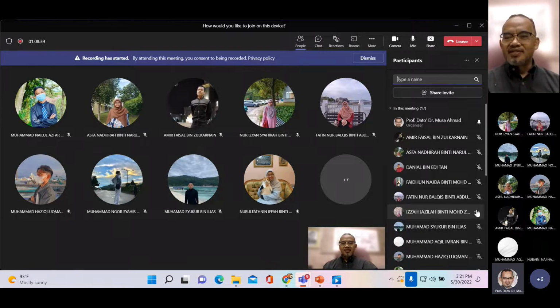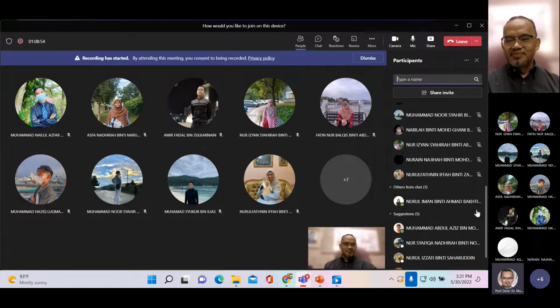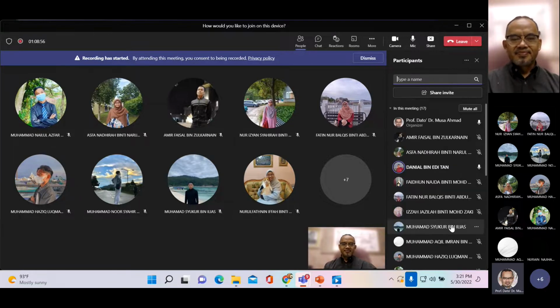Awak tak clear kat sini. Okey Daniel, kenapa dua? Kenapa tidak tiga? Kenapa tidak empat? Jawapan betul lah tu. Betul lah. Kenapa tidak tiga atau kenapa tidak empat?